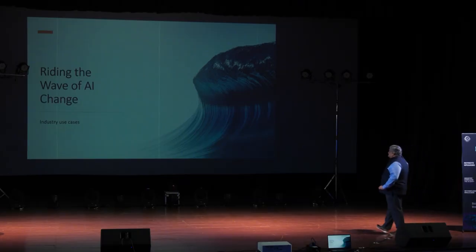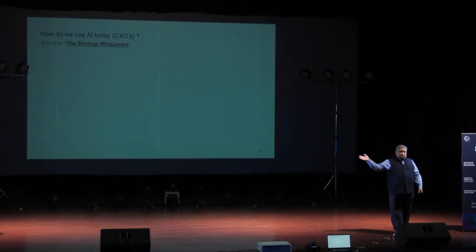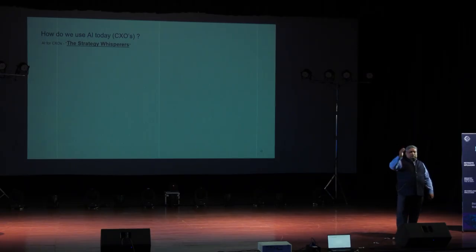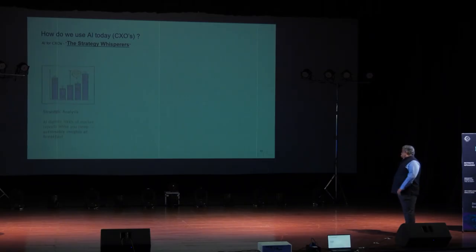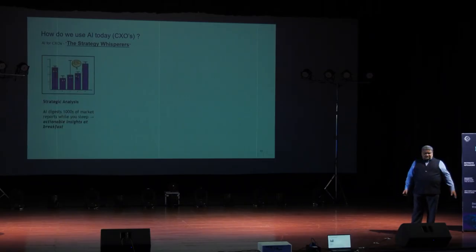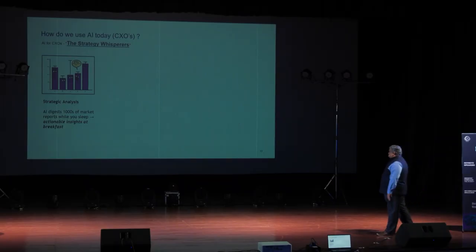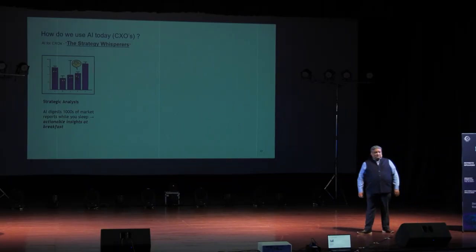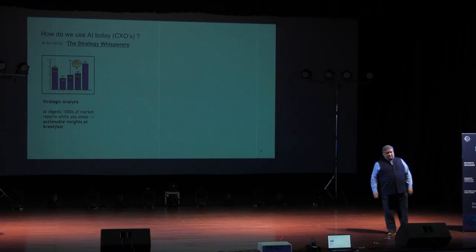Fantastic. So let's look at some industry use cases, right? What I've done is divide them into a few roles: CXOs, CFOs, HR. How are these individual roles typically using AI? What are their use cases? CXOs, the strategy whisperers. AI can digest thousands of reports and create actionable insight for a CXO's breakfast.